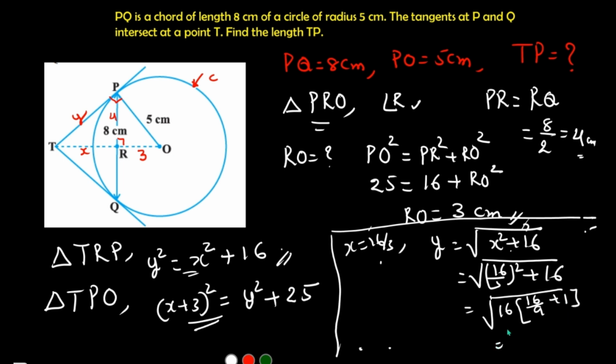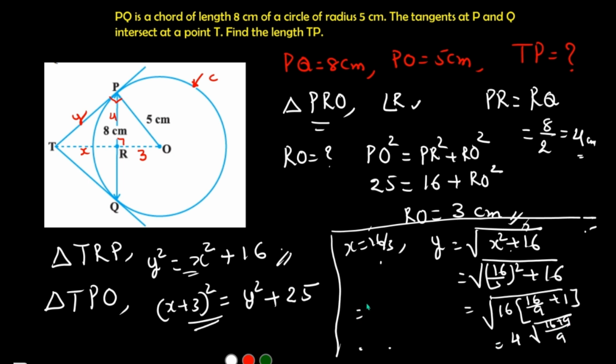What is the square root of 16? 4, right? Let's take the 4 outside. So 4 into the square root of 1 over 9 plus 1. If you take the LCM 9 in these two, you'll get 16 plus 9 over 9.